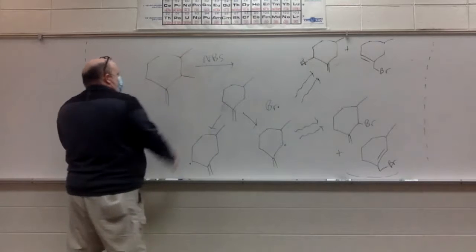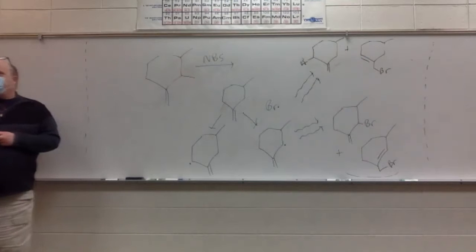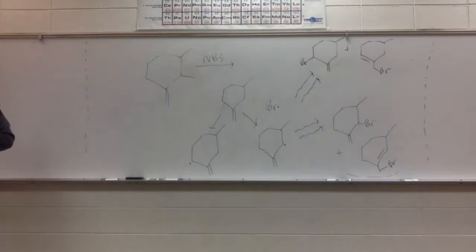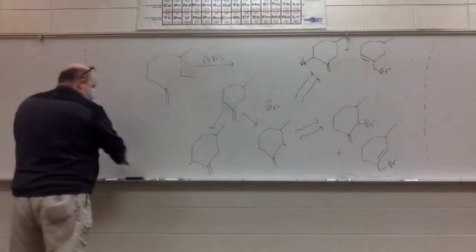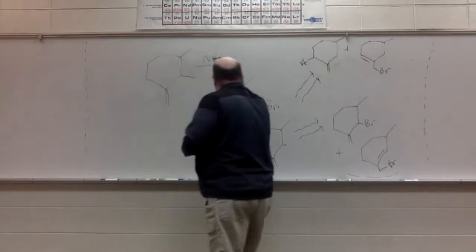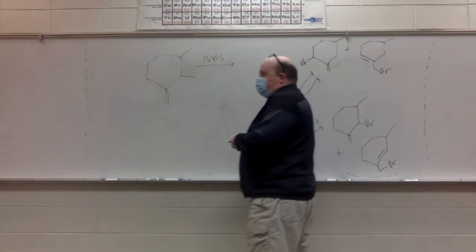Here's a question for you. What if it was that? Well, let's look at it. I want to erase some of this so it's not in the way. Again, look at the possibilities.